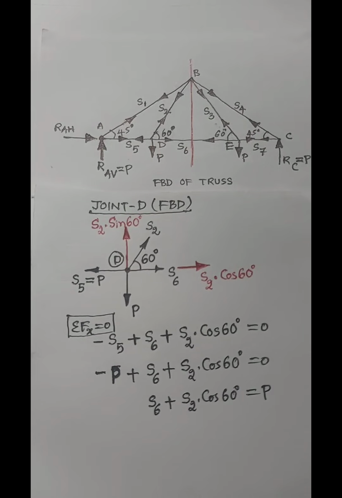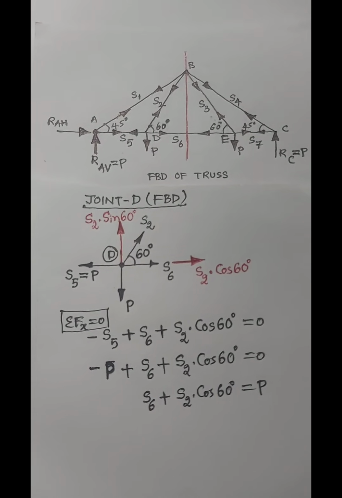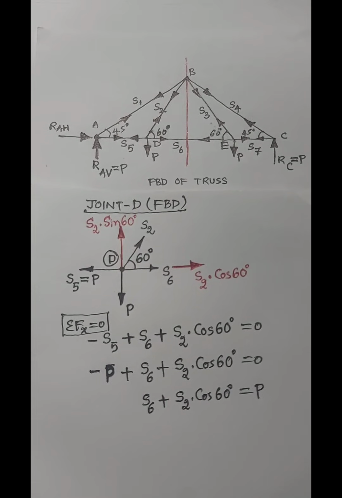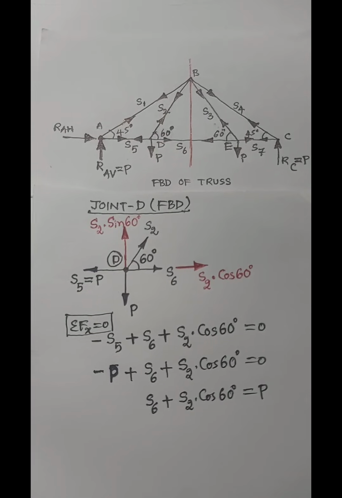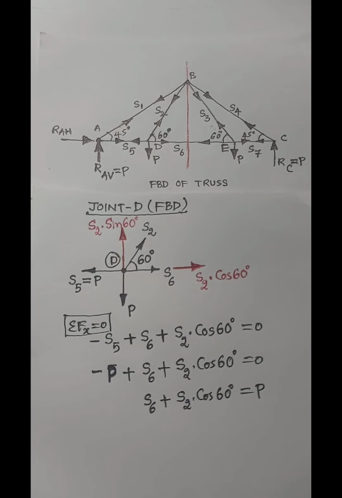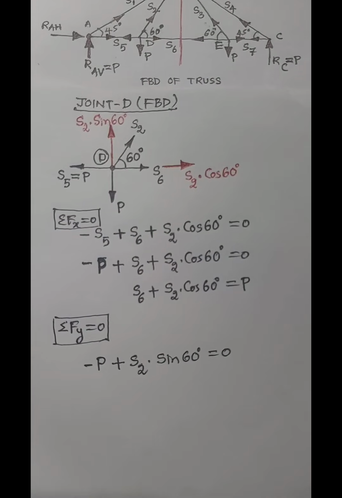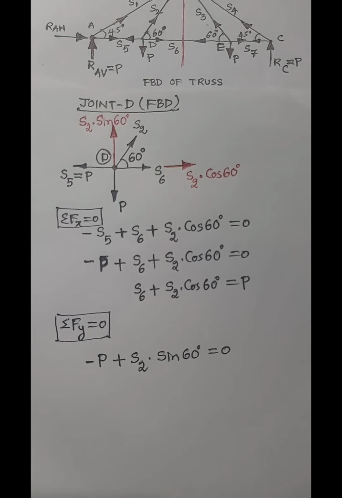When you apply summation of forces along y direction equal 0, we get these two forces in the equation of equilibrium. The force directed downward is considered negative, and the force directed upward is considered positive. From this equation we can find the S2 value very easily.